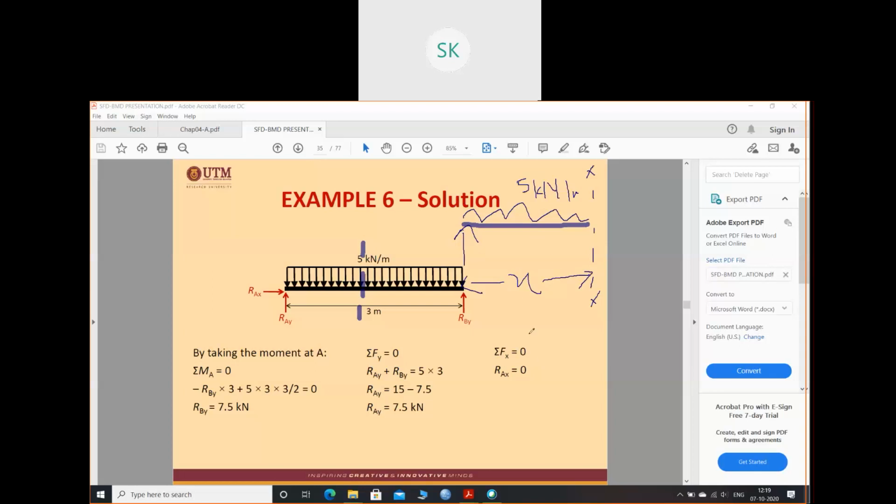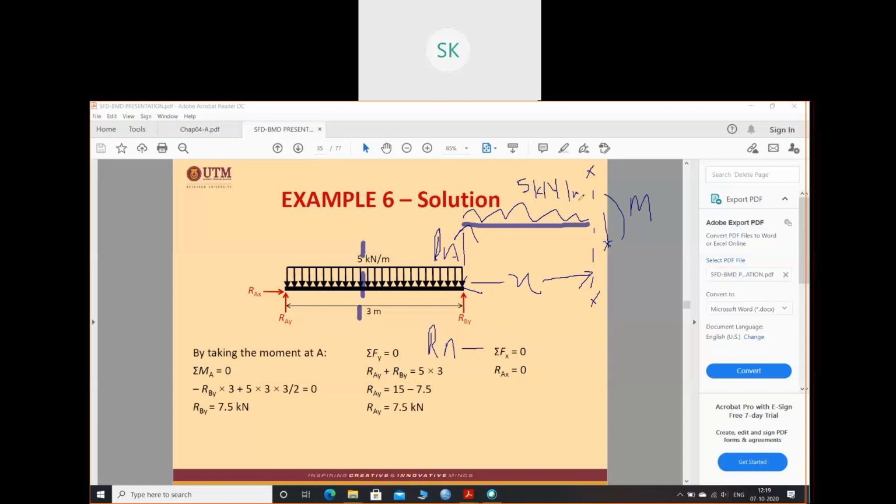When we cut a section, we have one shear force in the downward direction and one moment in the anti-clockwise direction. So the summation of all vertical forces should be 0. I'll have this RA minus the load.